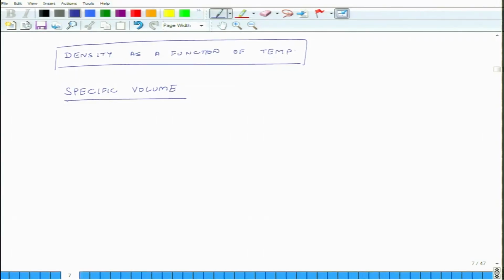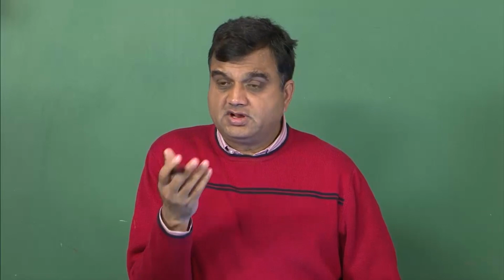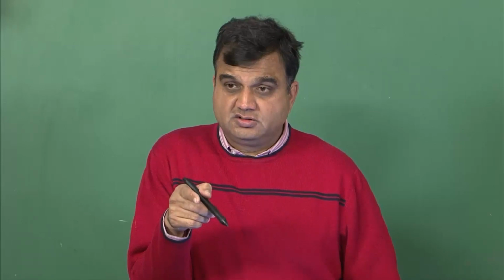Suppose you have 1 cubic meter as your unit volume. How much material is contained, that is called density. If you take 1 cubic meter of water, it contains 1000 kilograms. So density of water is 1000 kilograms per cubic meter, or 1 gram per cubic centimeter.